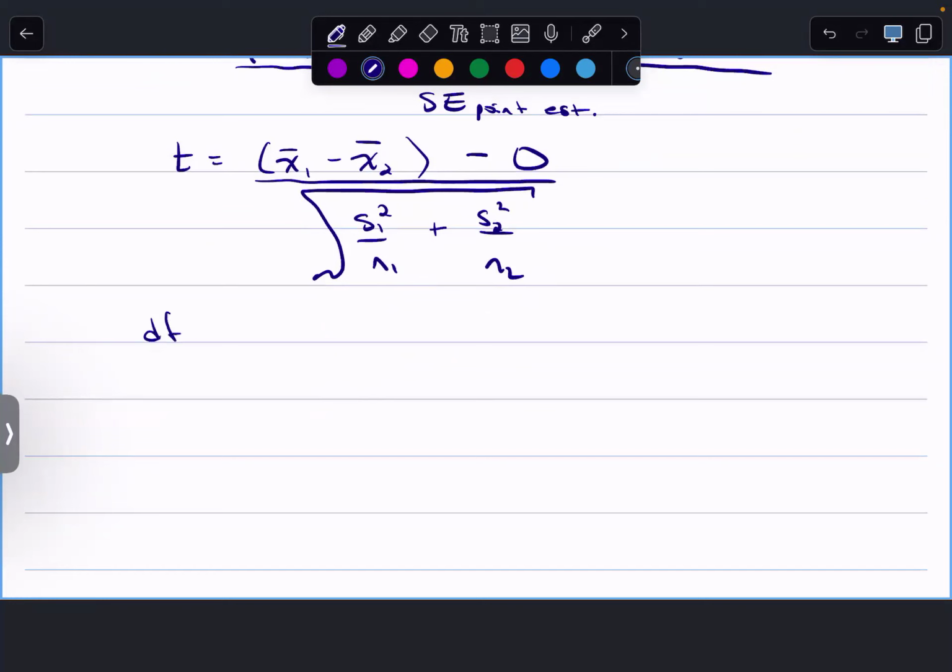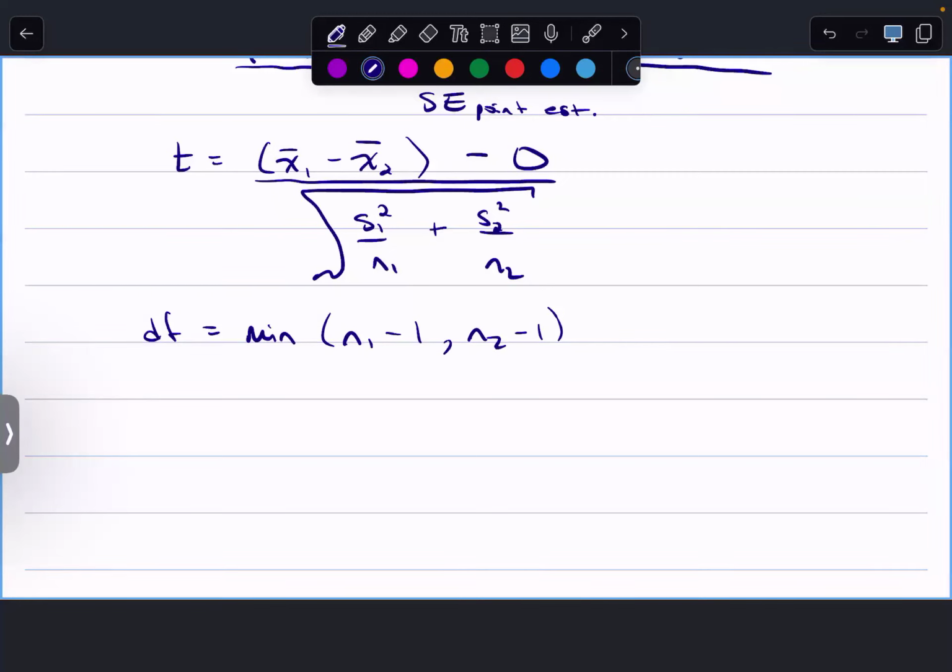The degrees of freedom is there's a huge formula that software uses, but we're just going to use the smaller sample size minus 1. There are some textbooks that use N1 plus N2 minus 2, but I don't want you to use that. I want you to use the minimum of N1 minus 1 or N2 minus 1.